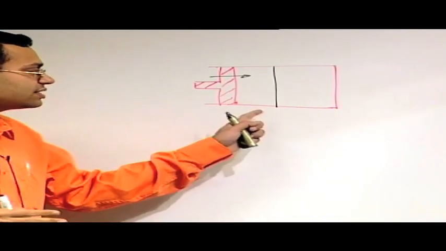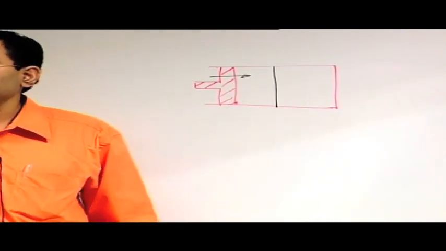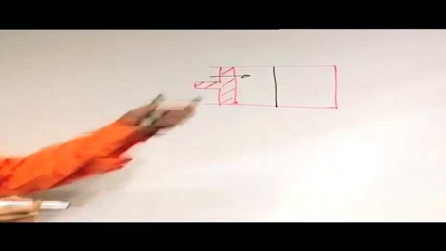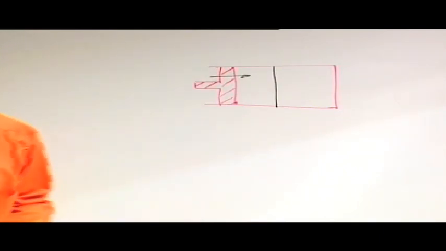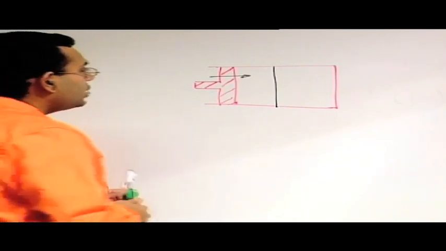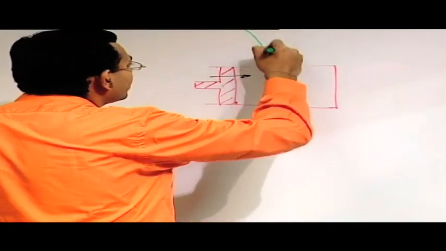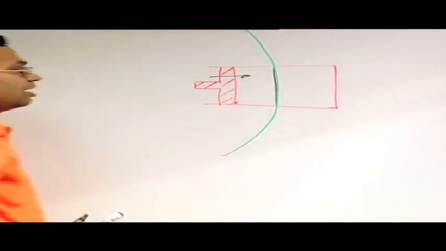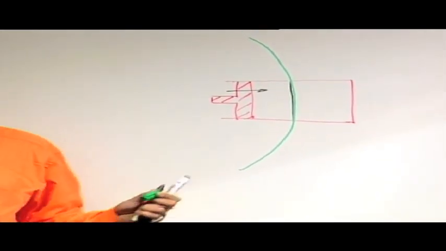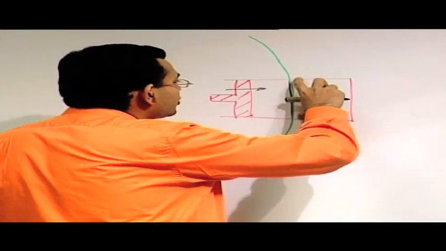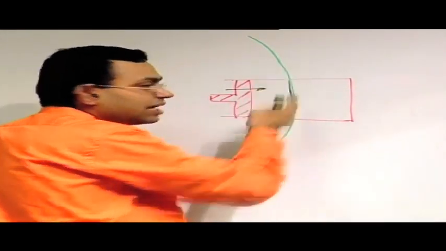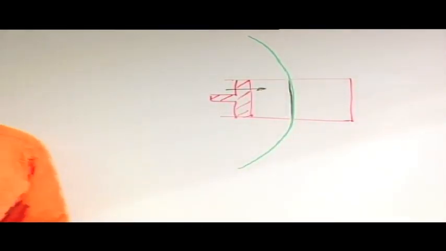So, we may call this a wave front. Remember that it is not exactly a flat line like we have shown in the diagram. The wave front may typically be a part of a very large sphere with a particular radius, but we are considering only a small part of it, so that it is almost like a flat surface.